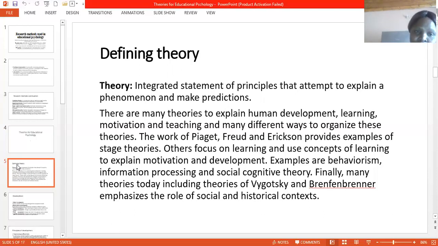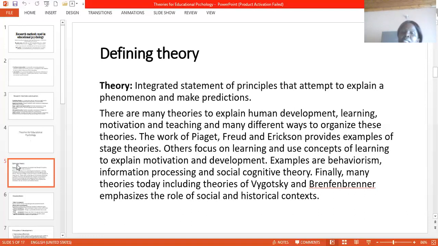That is a theory. So there are many theories to explain human development, learning, motivation, and teaching, and many different ways to organize these theories. So the work of Piaget, a psychologist, Freud and Erikson provide examples of stage theories.